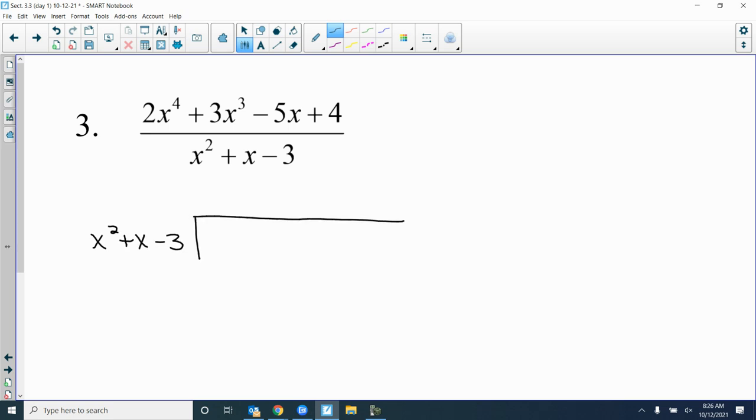When we divide, you're going to make this 2x to the 4th plus 3x cubed plus 0x squared. If you're missing a term, you have to account for that spot. Minus 5x plus 4.